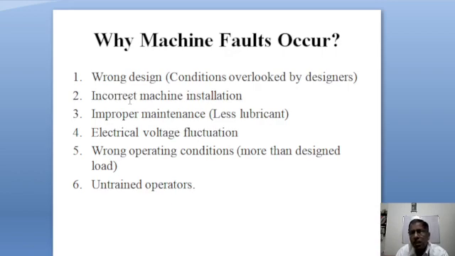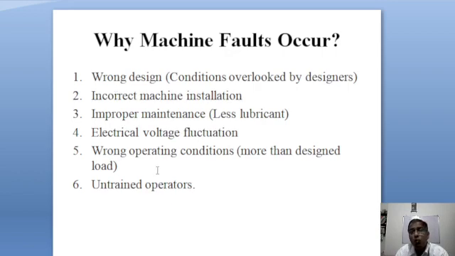When these hard carbon particles are rubbed between the two surfaces, they erode and corrode the surface, and because of that the entire component fails. So an improper maintenance schedule may be the cause of the machine fault.